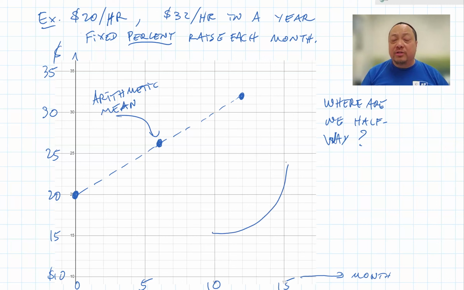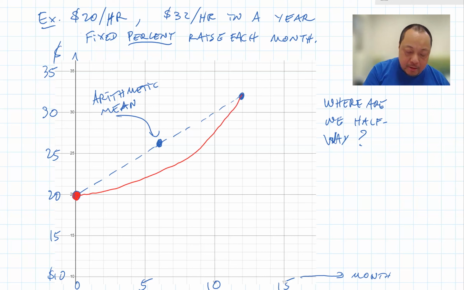Exponential growth goes something like this. So that means I start here and I go exponentially to arrive there. The real midpoint is here. At 6 months, I'm not making $26 yet.